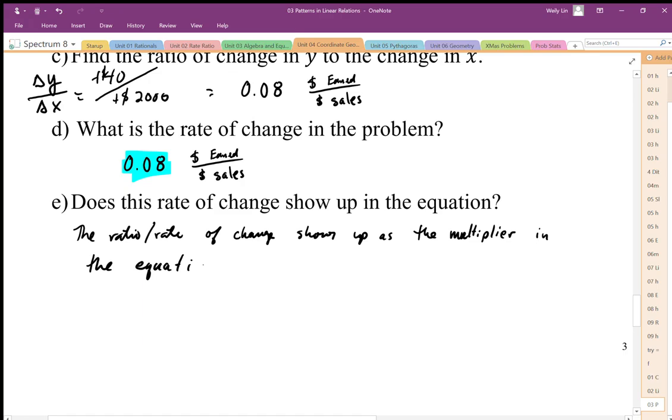So this is a good way to recognize what part of the equation is our ratio of change or rate, and vice versa. We can figure out where to put the rate in our equation.